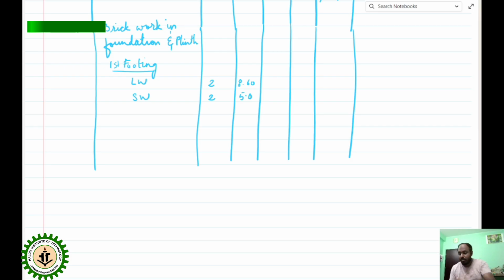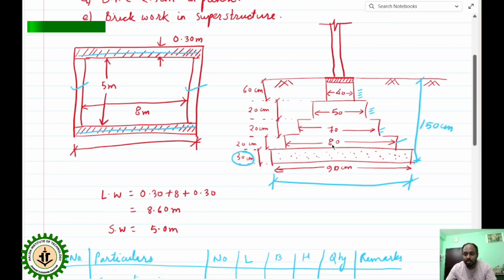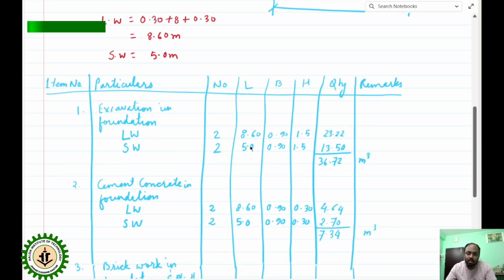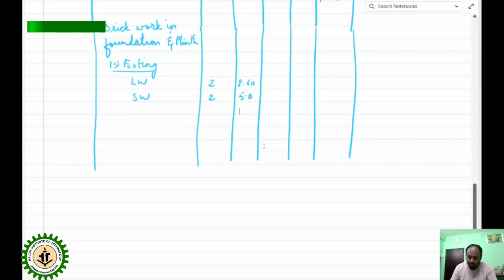Now the width is 0.8 and the height is 0.2. So we will write it as 0.80, 0.20, and now we will calculate.